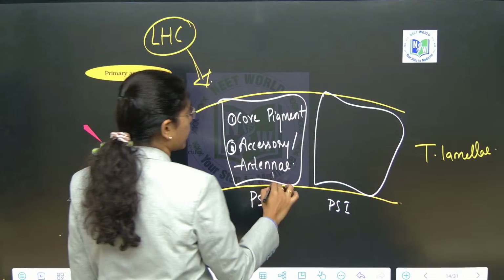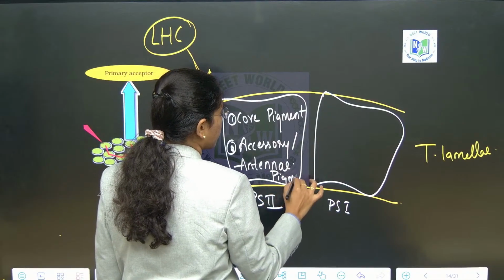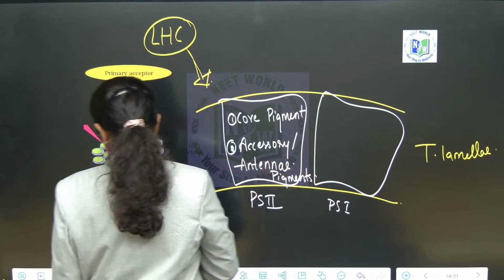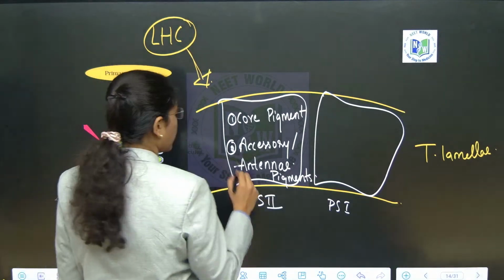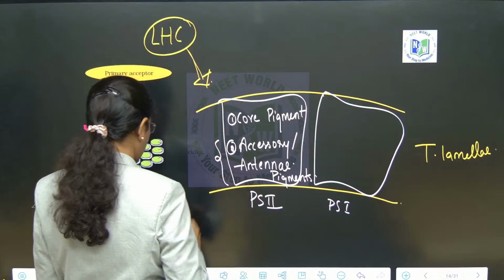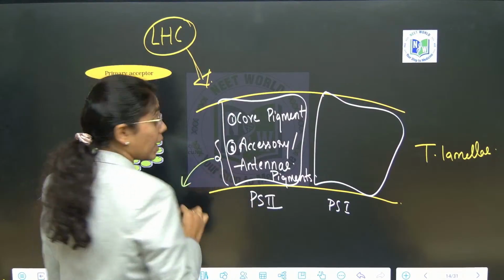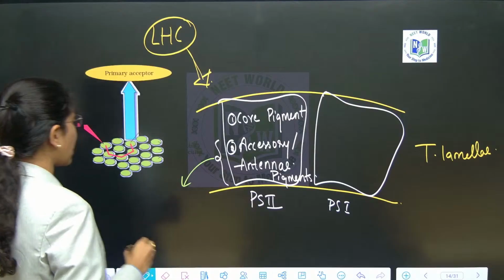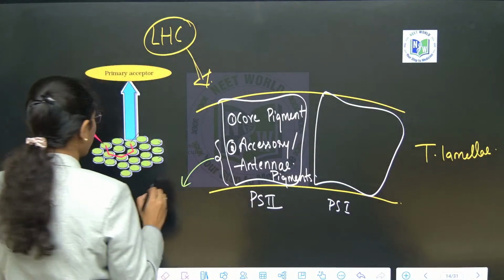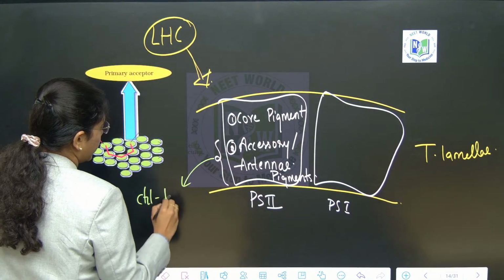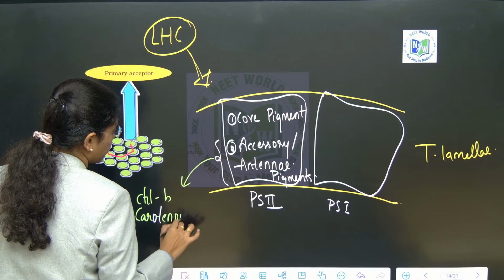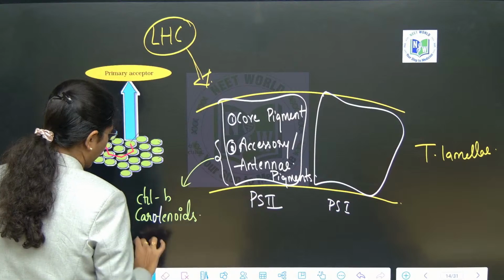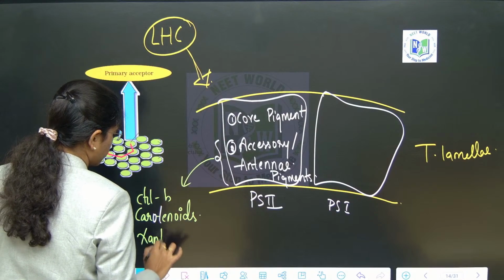Accessory or antenna pigments include chlorophyll B, carotenoids and xanthophylls.